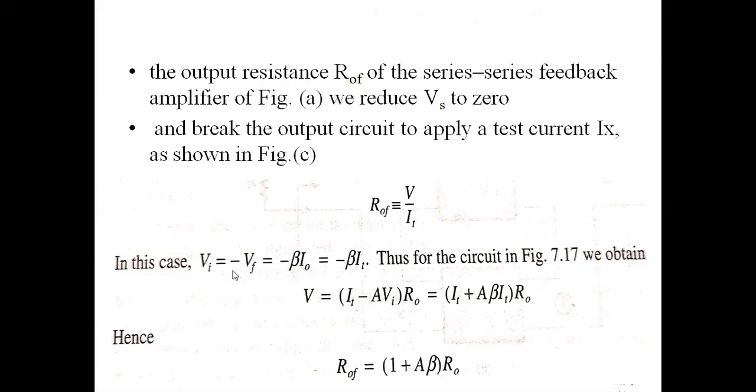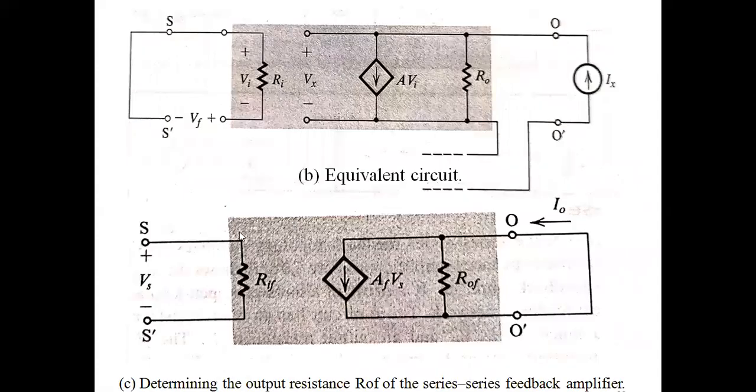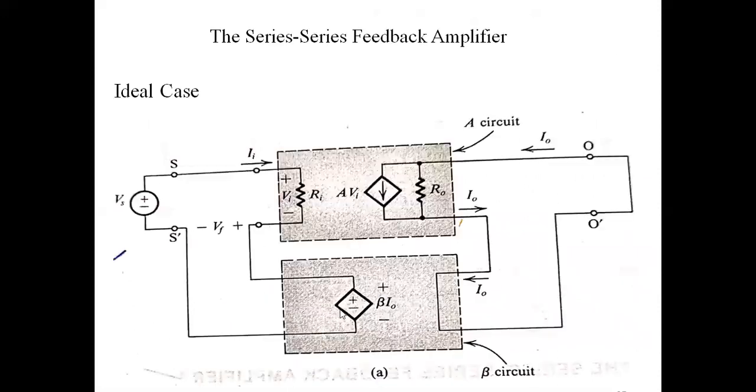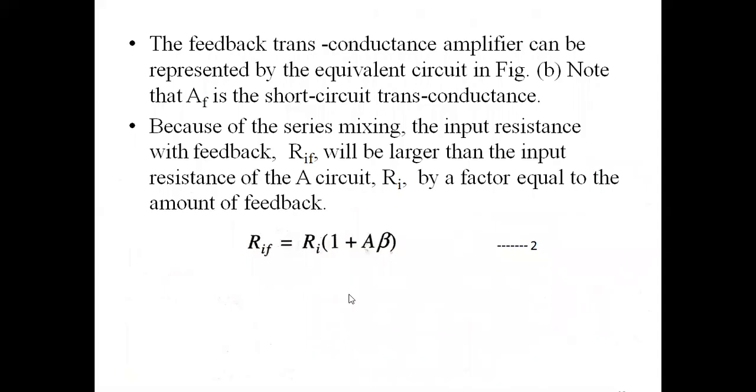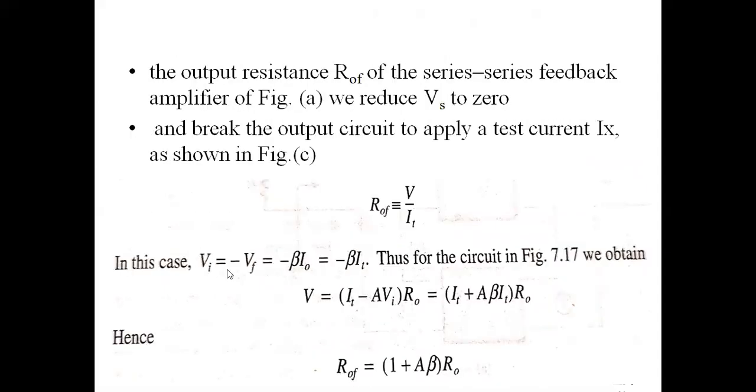In this case, the input voltage is the negative feedback voltage, and the feedback voltage is beta into I naught. Applying KVL here, the input voltage is minus Vf, equal to minus beta into I naught. Considering the test voltage and test current, this is minus beta into IT.